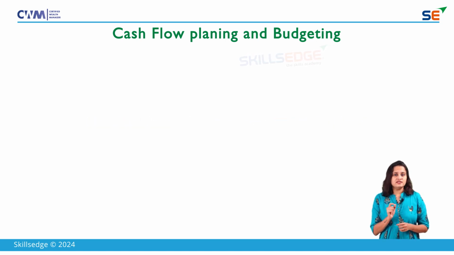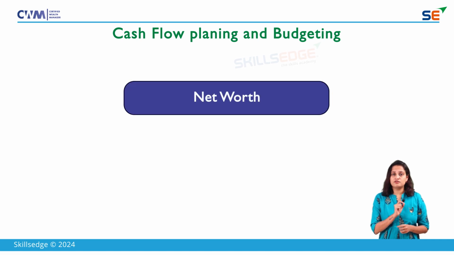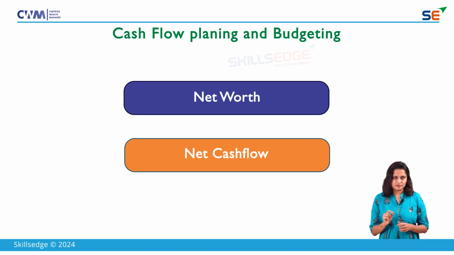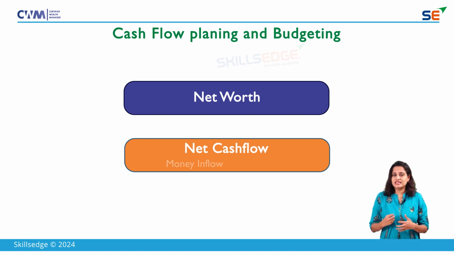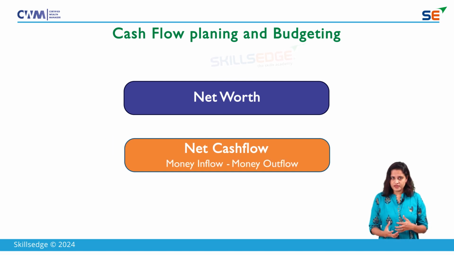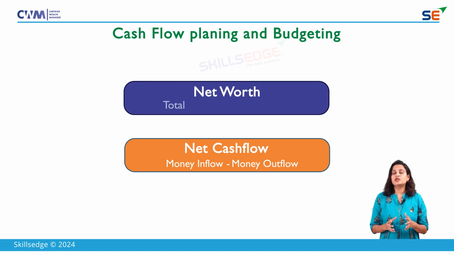There is a difference between the terms net worth and cash flow. Cash flow only talks about money inflow and outflow, and your net worth is nothing but your total assets minus total liabilities.